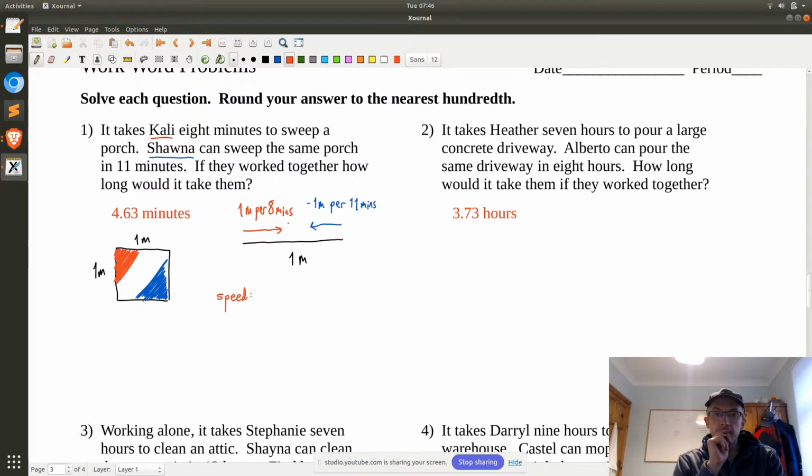There are like 7.5 of them. So they're going at 7.5 meters per hour. I guess you could say that. This looks terribly confusing. It looks like miles per hour. Okay, and then what about Shauna?